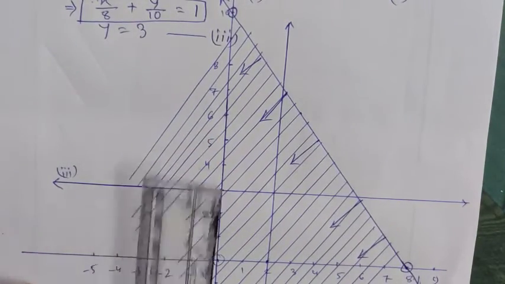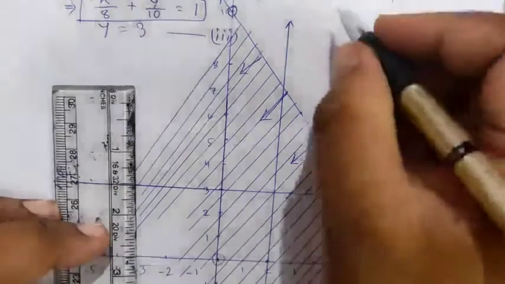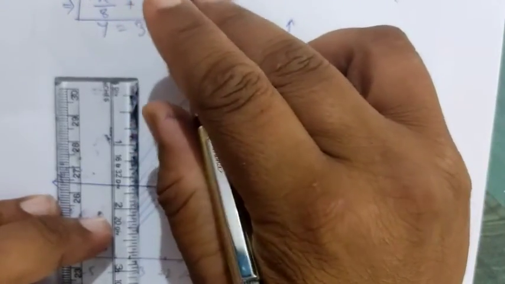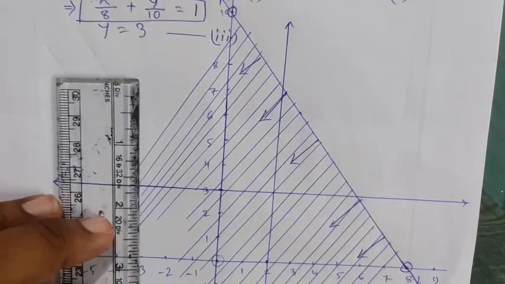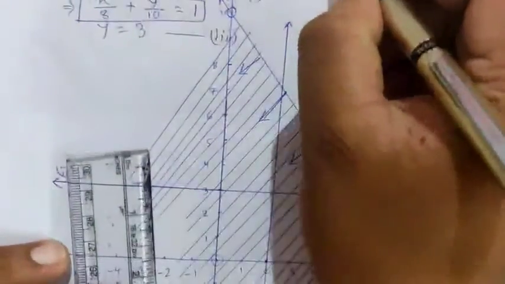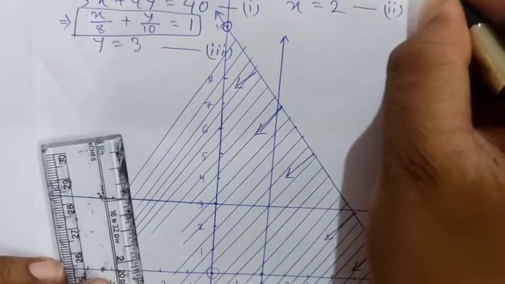Now for the second one, x greater than or equal to 2, let's put (0, 0) there again, and we get 0 greater than or equal to 2, which is not satisfying the inequation, because 0 is definitely less than 2.